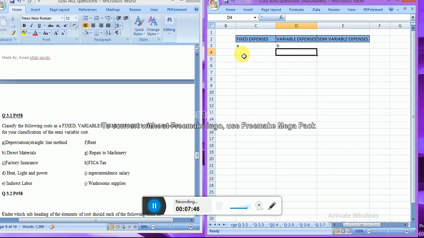Coming to part C, factory insurance. Factory insurance is a fixed cost. Why? When the insurance policy is taken, the premium of insurance is fixed and is paid after a fixed period of time.